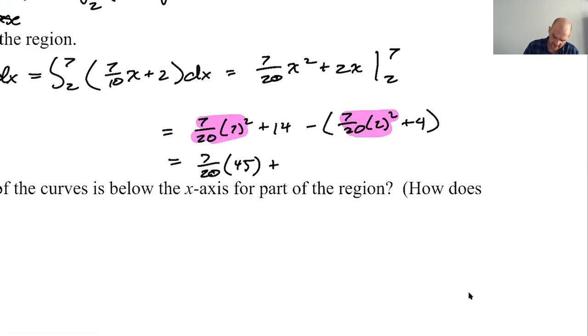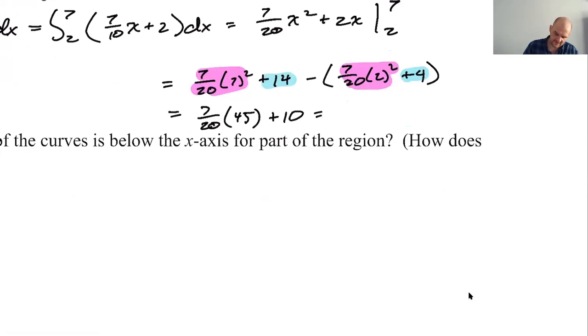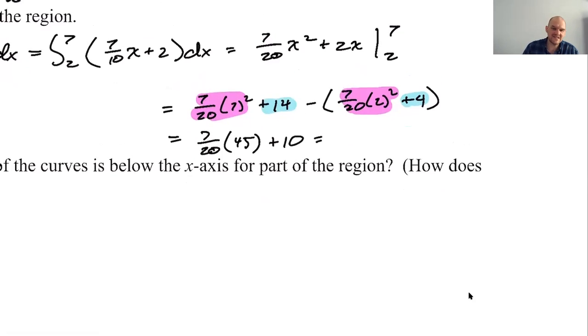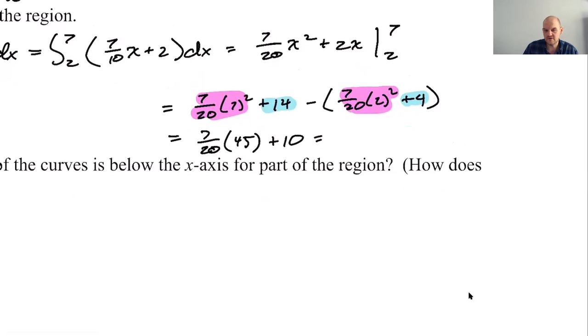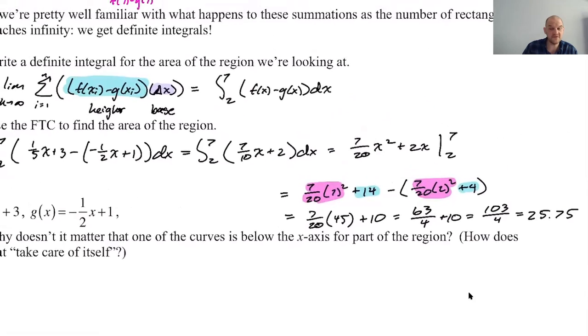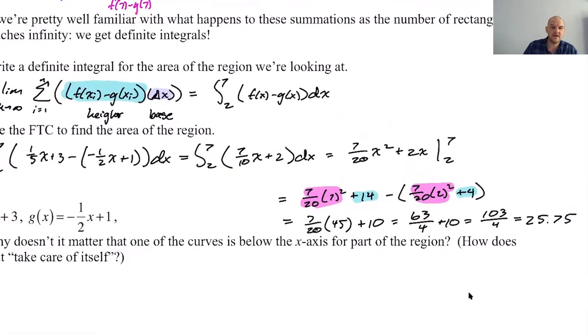Plus, now I'm going to combine this with this. So that's 14 minus 4 is 10. So this is 7 times 9 over 4. I'm dividing out a 5 from both of these, right? 9 over 4, so 63 over 4 plus 10 is 103 over 4, which is 25.75, which is what we thought our Riemann sums were tending to.